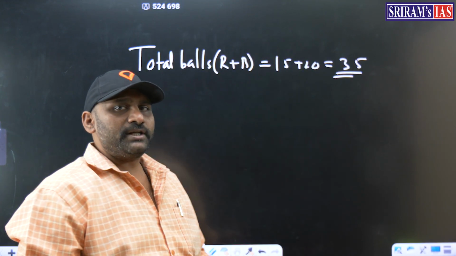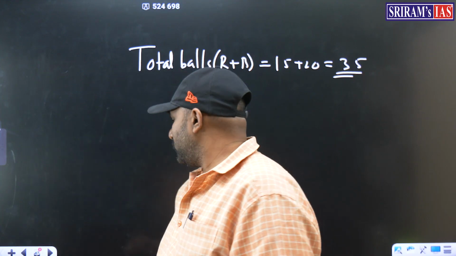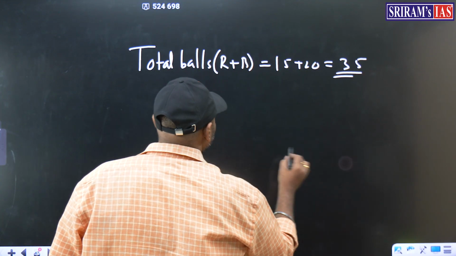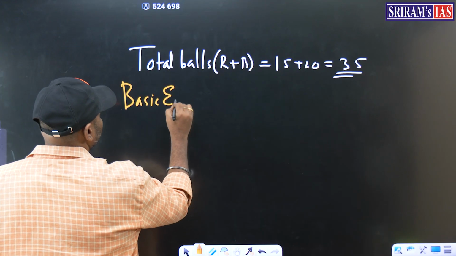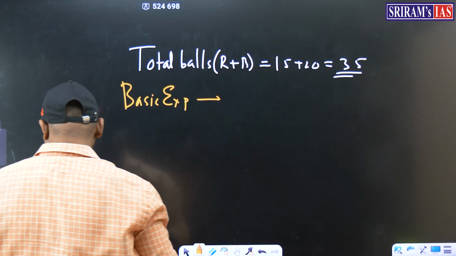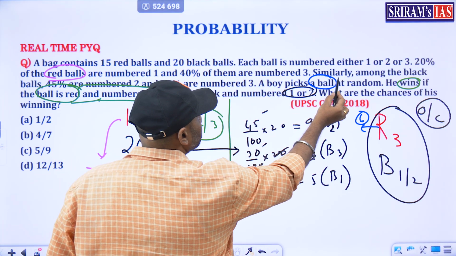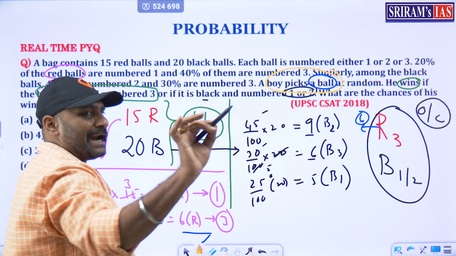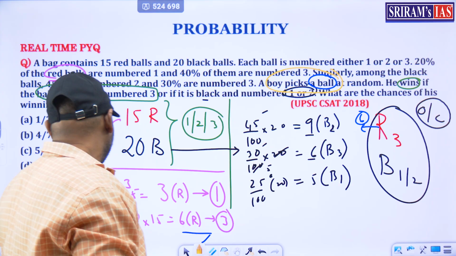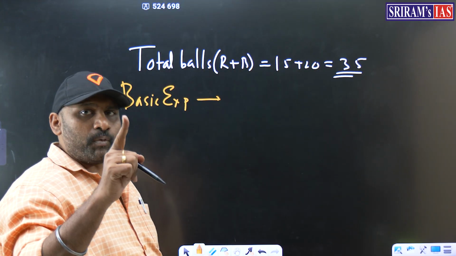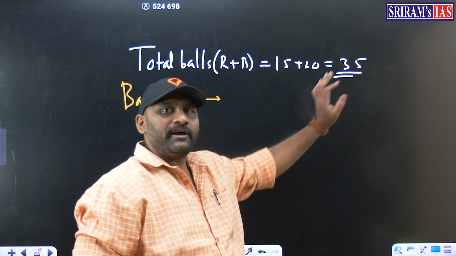So here the question is, what is the basic experiment? If you observe the question, the basic experiment is the boy picks a ball at random. Randomly, with eyes closed, he picks a ball. So my basic experiment is picking one ball from a bag of 35 balls.